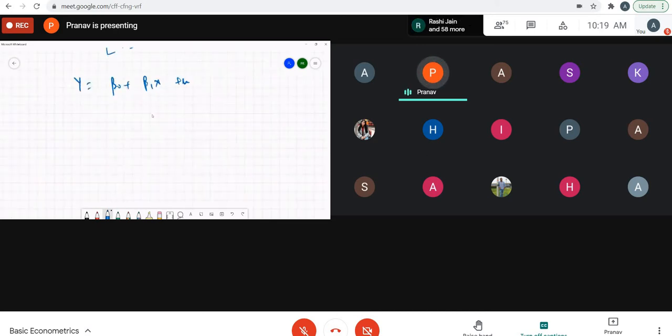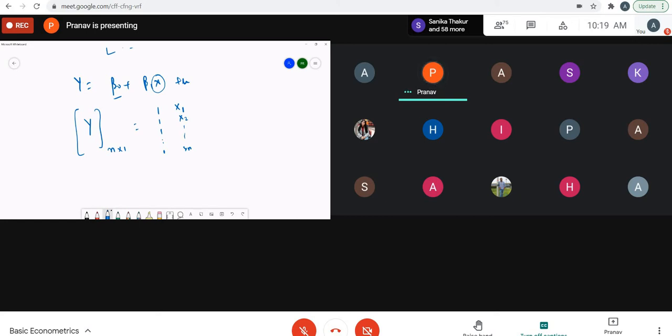And then you have n number of observations on y. Let us assume that this y is a column vector consisting of n observations. Then you have a data matrix. In order to incorporate this intercept term, the first column of your data matrix consists of n ones. The second column will consist of n observations on this single explanatory variable in the model. So it will be x1, x2, so on till xn.